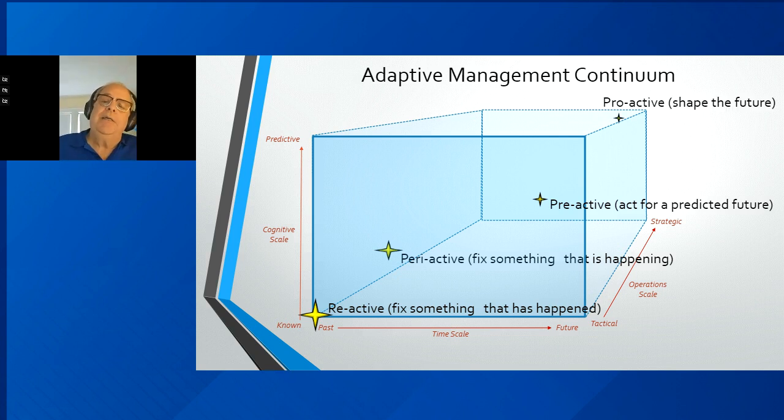And finally, at the most predictive, strategic, and far out looking is proactive, and that is trying to predict the future and shape the future so that we encourage things that will stay, keep the ecosystem being managed within conformance and within the goals of the system.